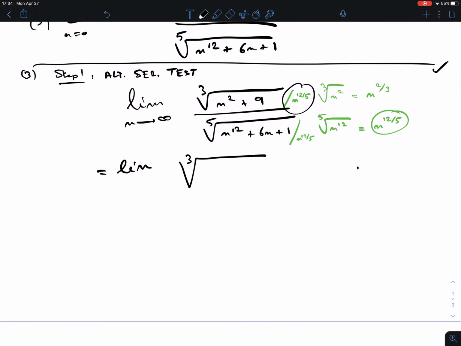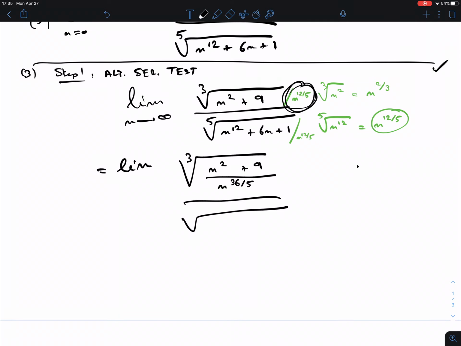So inside the third radical I have an n squared plus 9, and now I have to bring in this, so I have to take the third power of it, that is n to the 36 over 5. Multiply this with 3, because if I now take the third root, then I will get this. Do you agree with that? In the bottom, it's easy because there it's a 5th root anyway, so it goes just in there as n to the 12th. You multiply this with 5. Now I bring it into the 5th root, I multiply with 5, so it becomes n to the 12th. So we get n to the 12 plus 6n plus 1, and inside we have an n to the 12th.